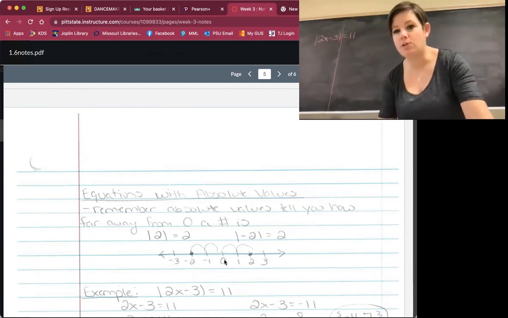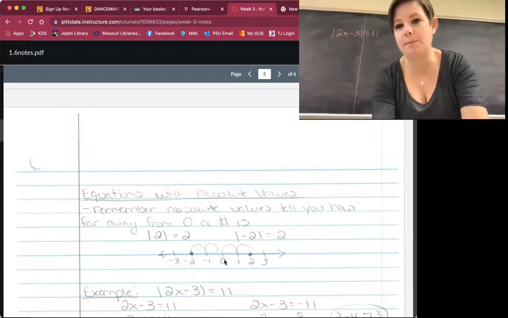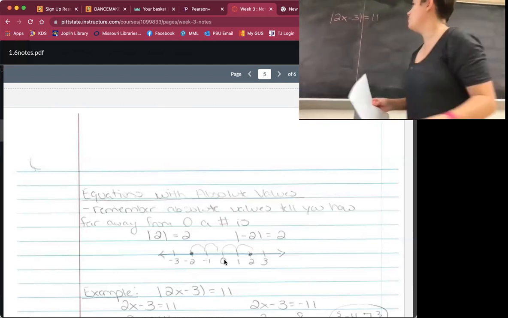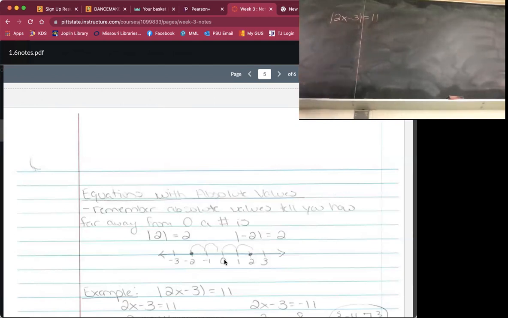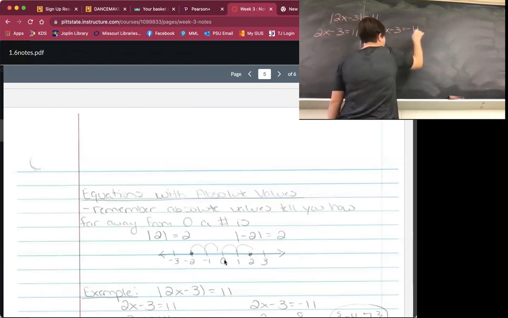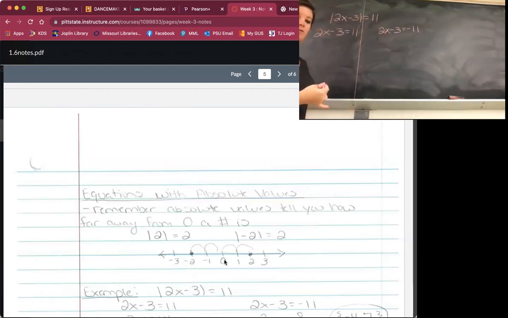So when we solve absolute value problems, we're going to split it into two different problems, a positive one and a negative one. I'm going to write what's inside of my absolute value, 2x minus 3, and that equals 11. This will be my positive one. Then I will write 2x minus 3 equals -11. This will be my negative equation.